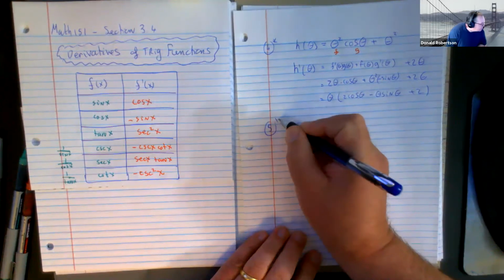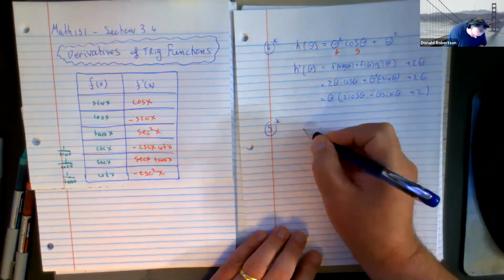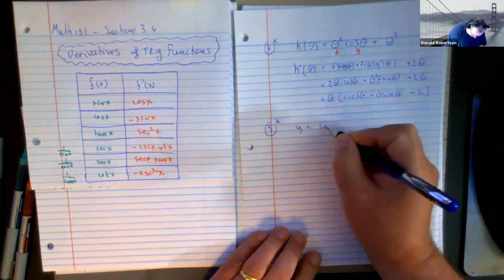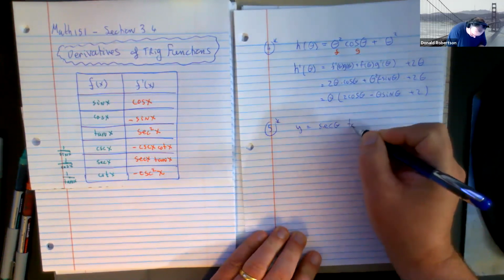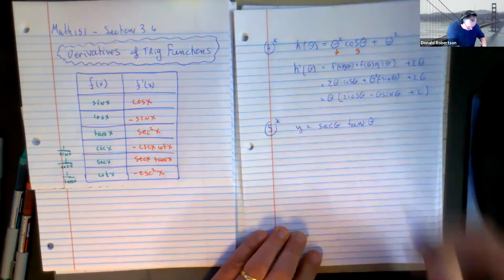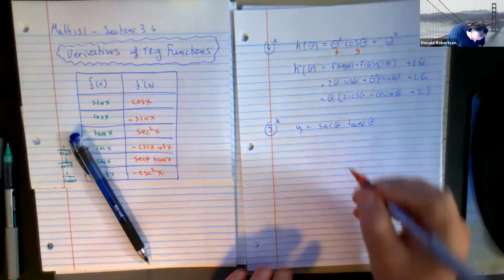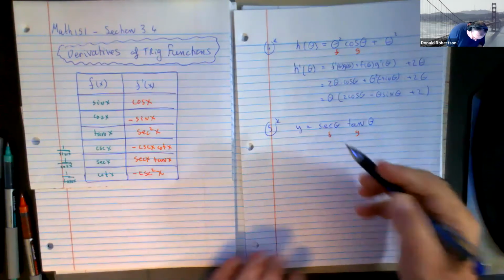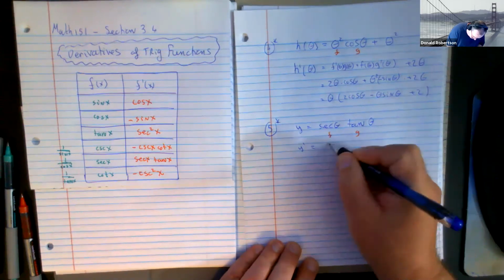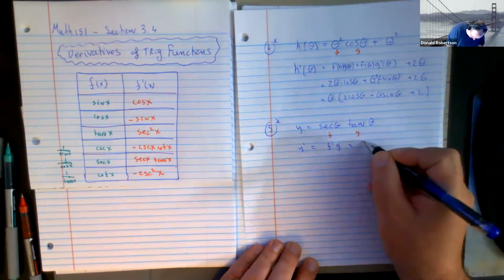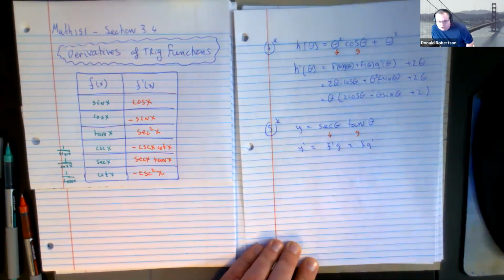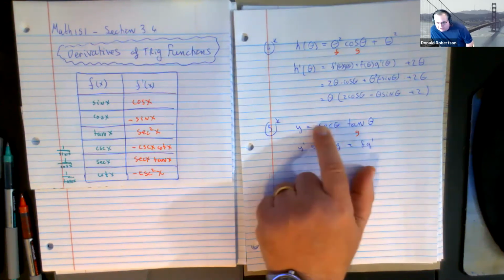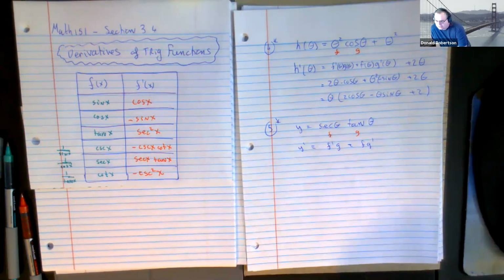Here's another one. It's going to be a product rule. Now, there's no guarantee that this guy isn't going to turn into something different because of a trig identity.